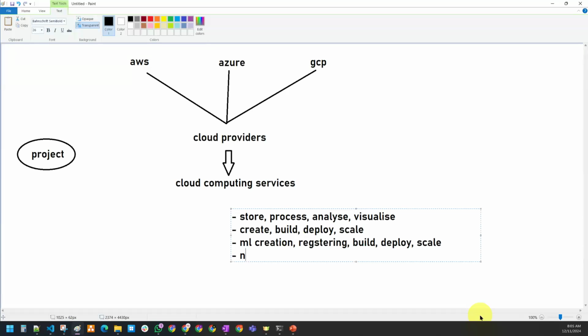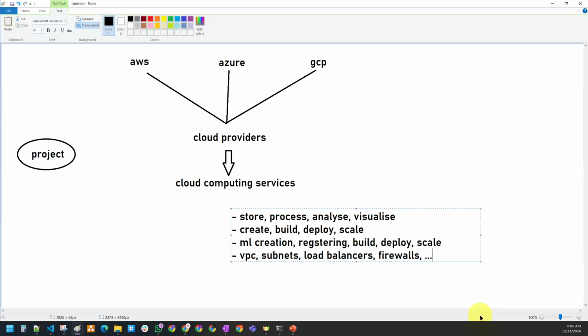Or there can be networking components such as VPC, subnets, load balancers, and firewalls, and many other things.